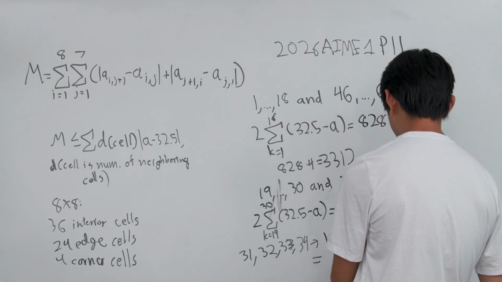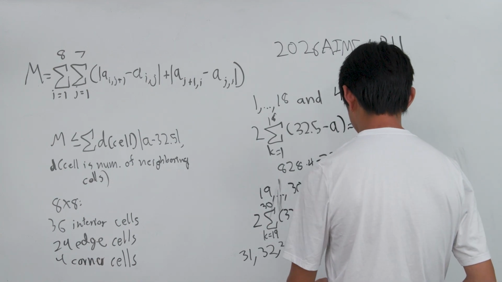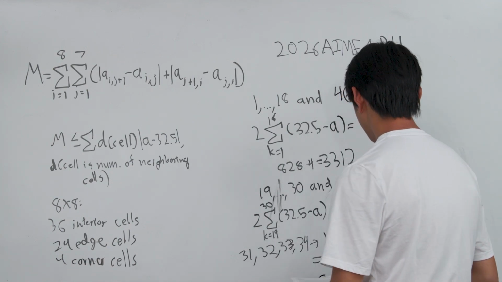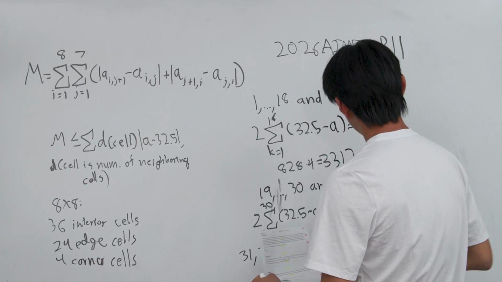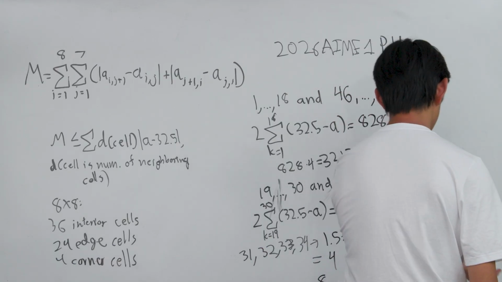So this is 1 plus 3, which is 4. Then we multiply this by 2 to get 8 because there are 2 adjacents for each corner.